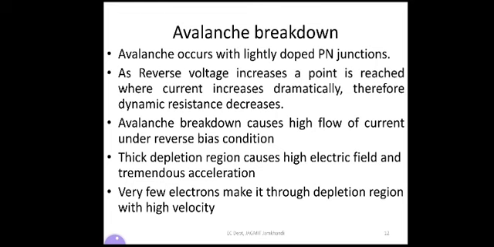So what is the meaning of this? Avalanche breakdown voltage increases with the increase in the junction temperature. We know that a certain minimum current flows through the PN junction under reverse bias condition.